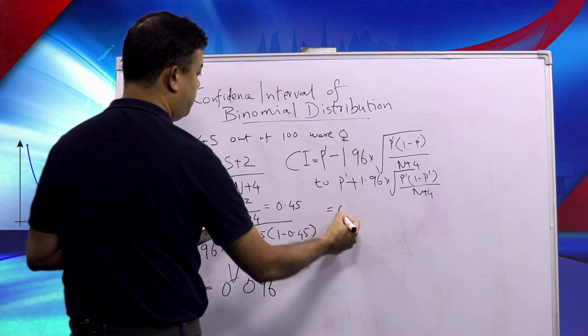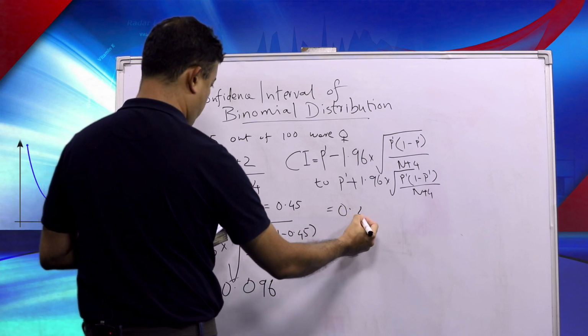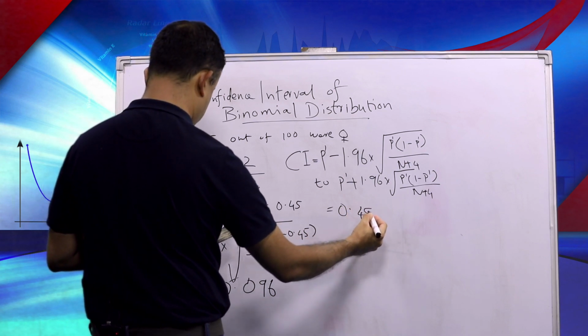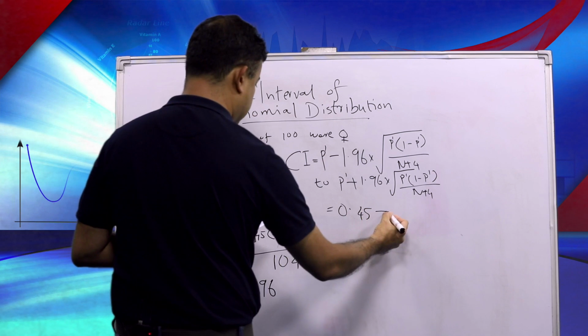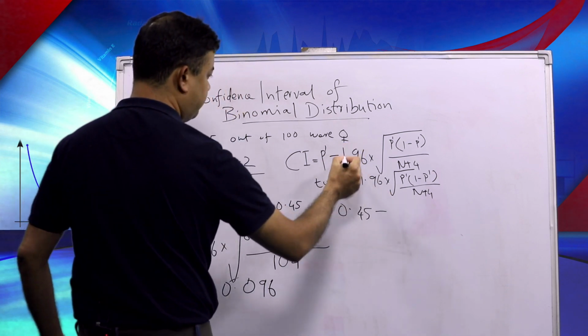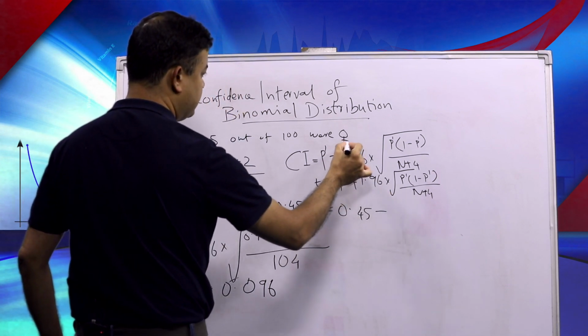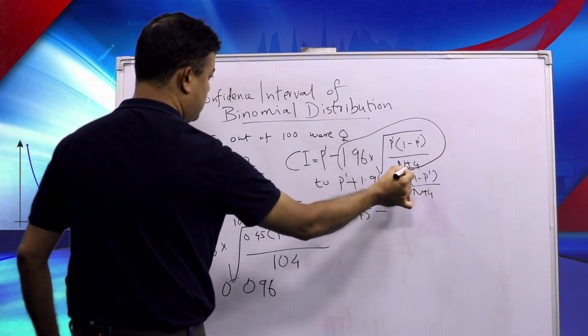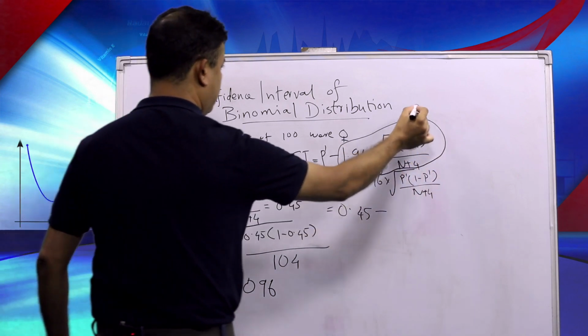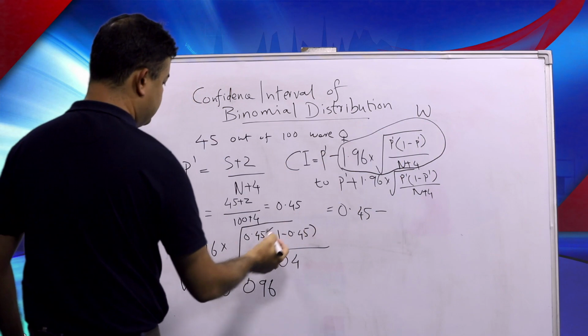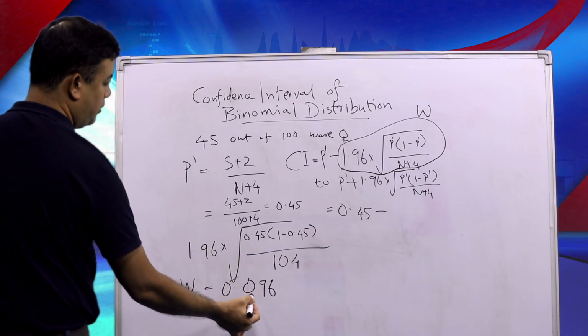P prime is 0.45 minus the width. The whole stuff is called the width, so let me highlight it. The whole of this is known as the width, W, and this is what we just calculated here. The width is 0.096.